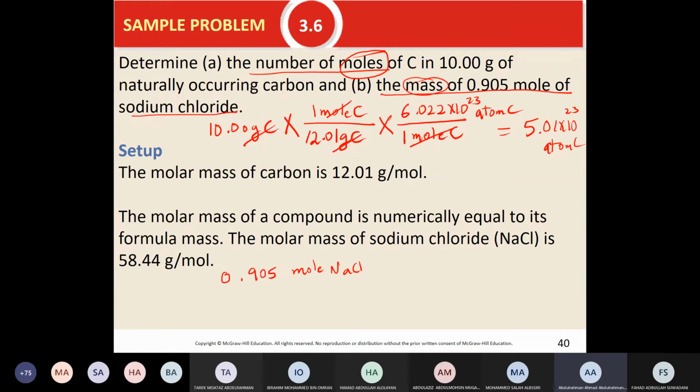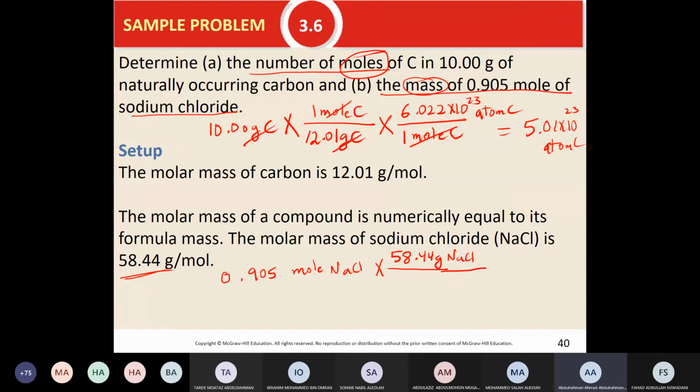How to solve this problem? Multiply by the molar mass over 1 mole. Give me a number. Molar mass of NaCl: 58.44 gram NaCl. You get it from your periodic table, even though it's available here.